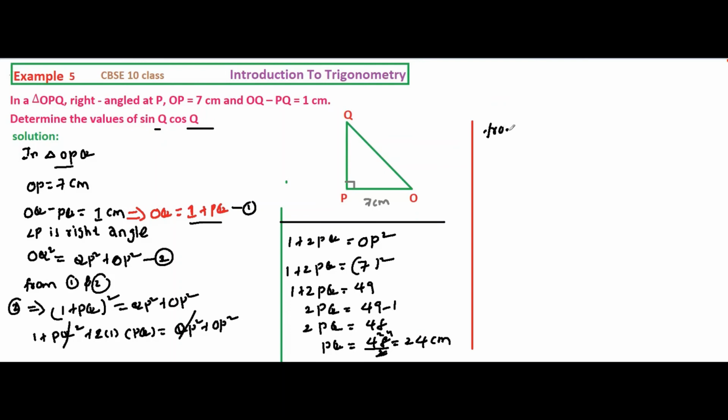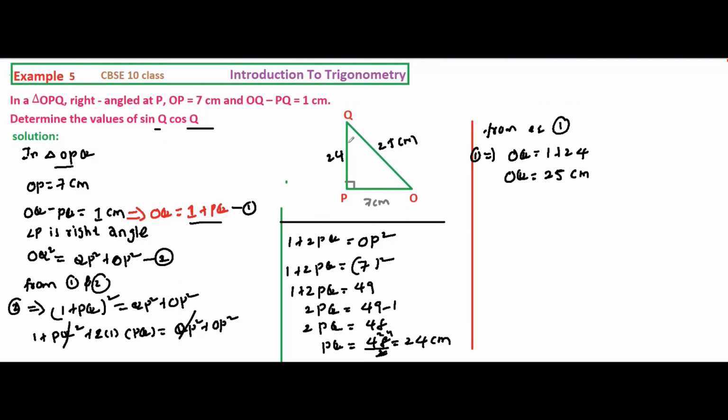OQ equals 1 plus PQ, and we have 24, so OQ equals 1 plus 24, 25 centimeter. So now we got all the values: OQ equals 25 centimeter and PQ equals 24 centimeter.